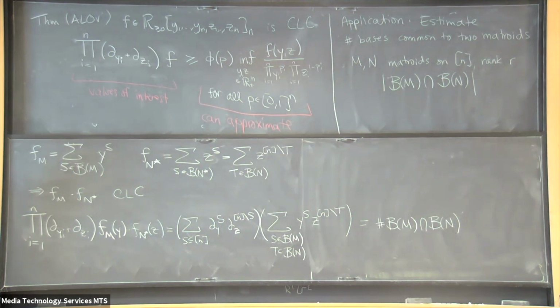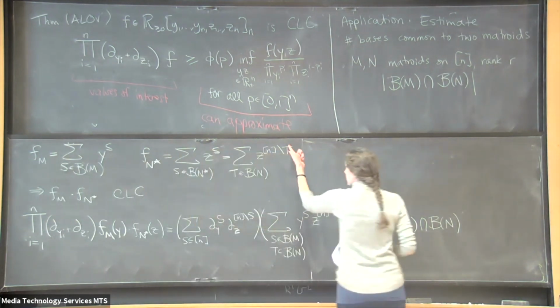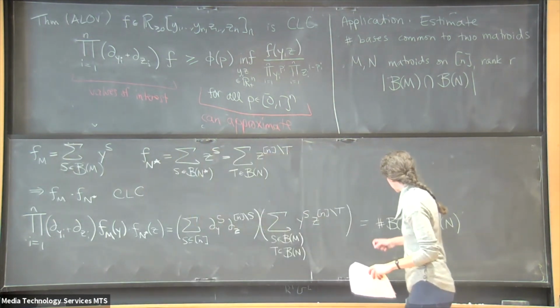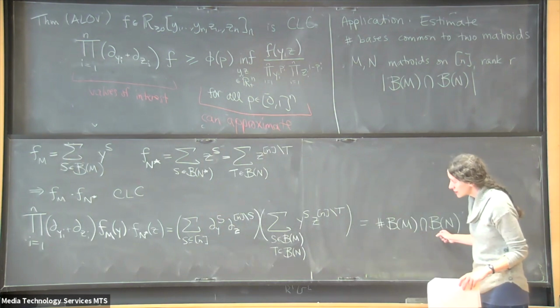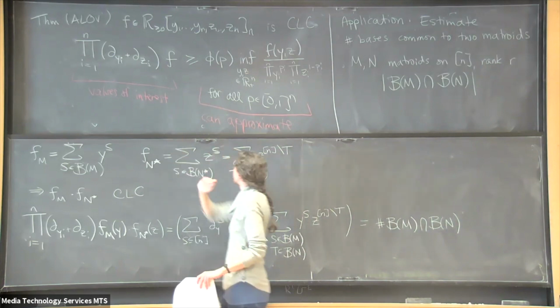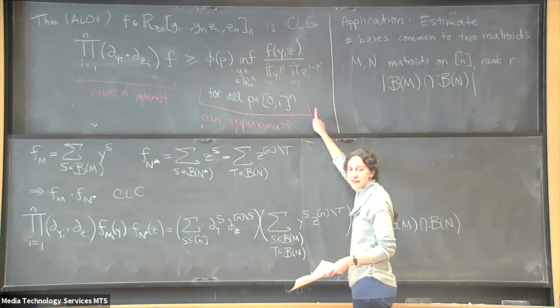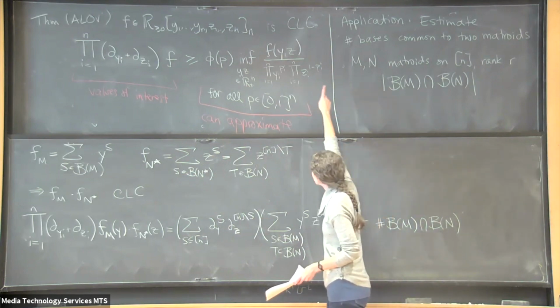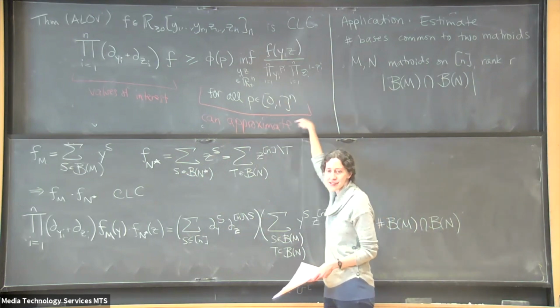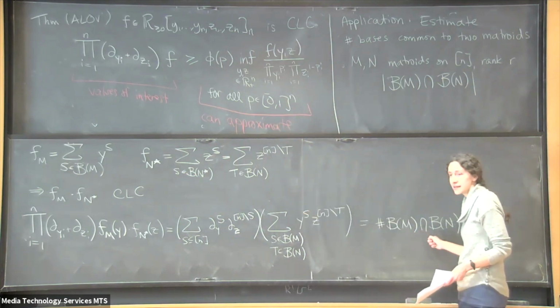I don't want to get too much into the details, but we've phrased something we want to count as something of this form. It's not at all clear from this formulation, but one can give a good approximation to this right-hand side, and then give bounds on this number.